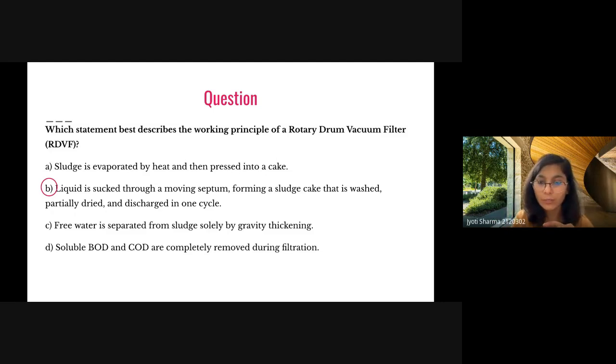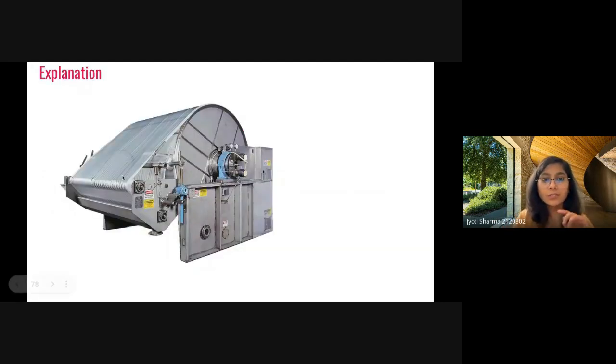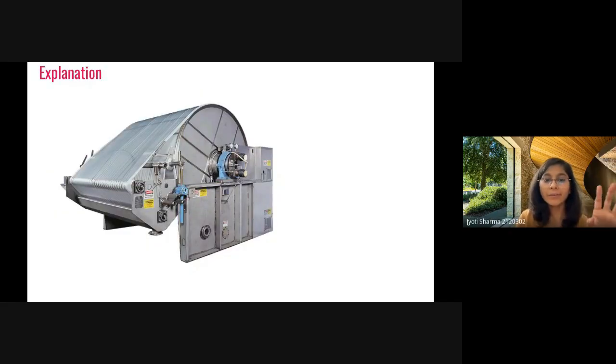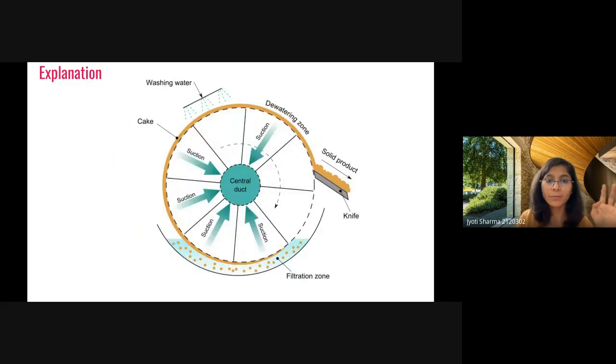Let me show you. I have this figure. So this is that instrument. The instrument name is RDVF, rotary drum vacuum filter. So RDVF looks like this, and let me show you the principle. We are giving a sludge and it will rotate. At the center we have the vacuum.